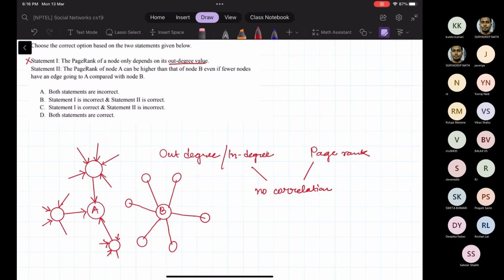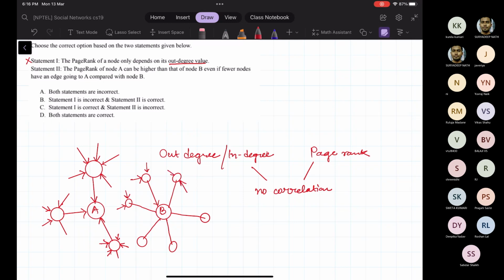B may have a higher number of edges going towards it, but the nodes which lead to B may not themselves have very high page rank. So it could be something like this.